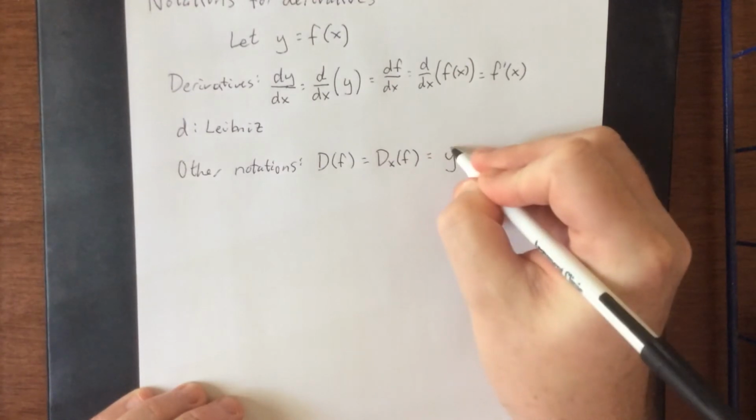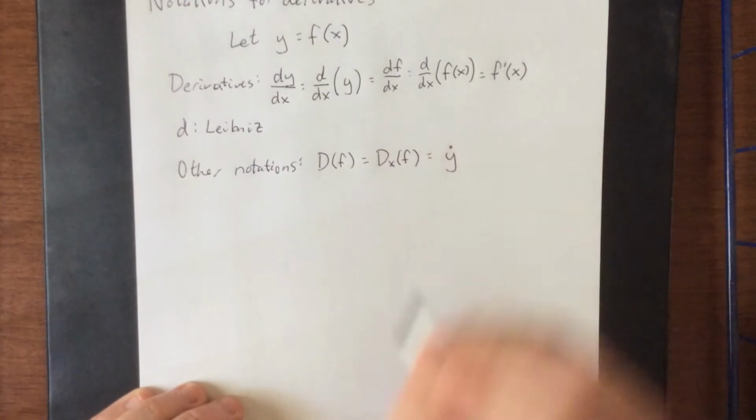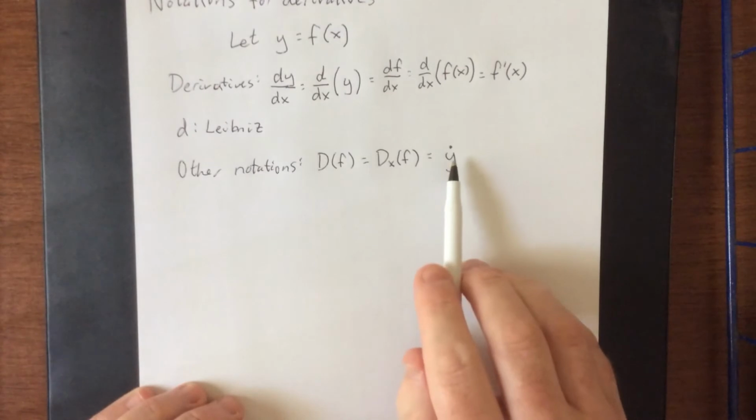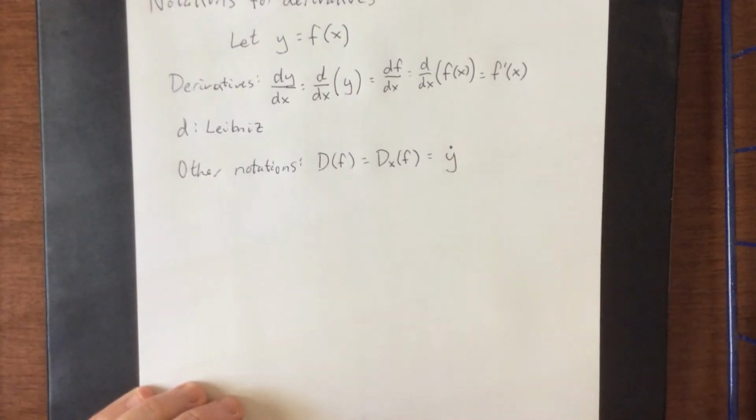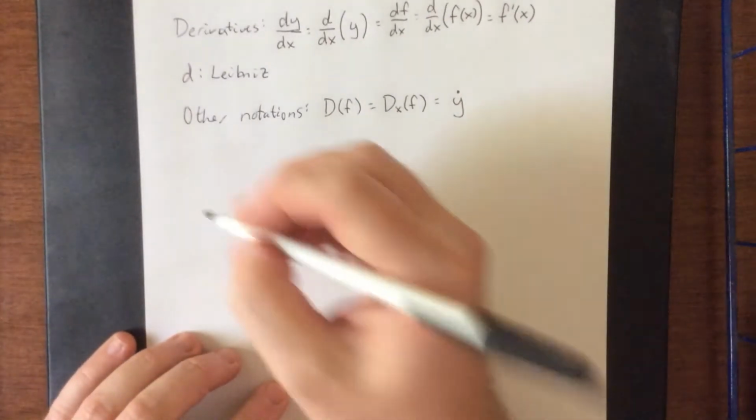Additionally, we also have flyspeck notation. Flyspeck notation puts a number of dots above your dependent variable equivalent to the number of derivatives that it would like you to take. Now, many of these will have corresponding notations once we start taking derivatives of derivatives, which is what we should discuss now.